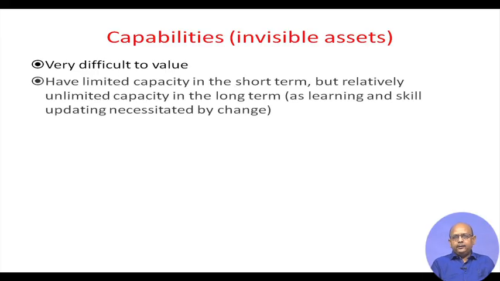Second point this is related to is that it has limited capacity in the short term, but unlimited capacity in the long run, in the sense that the knowledge and skill that people have, or how this knowledge and experience and skill is used by people to bring about changes, okay, in the organization, in the performance, that is an invisible asset, because it is very difficult to measure these invisible assets related to say experience, insight, intuition, okay, the tacit knowledge that is there with the people.